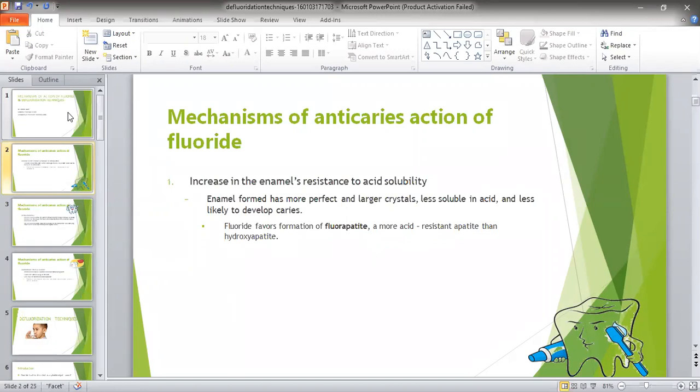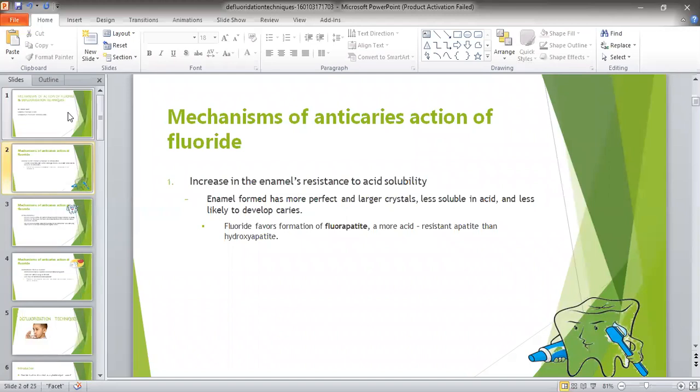when we incorporate fluoride into the developing tooth structure, it basically acts on enamel. Okay, and enamel is having hydroxyapatite crystals, as you all know. So when fluoride is incorporated into the developing tooth, the hydroxyapatite crystals will be replaced, and then they form fluoroapatite crystals.